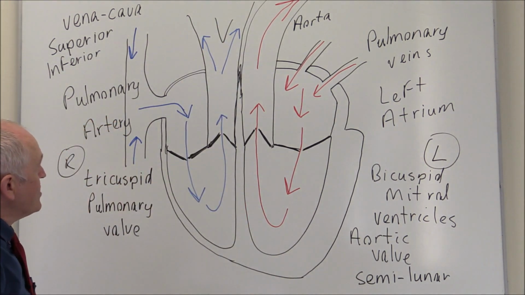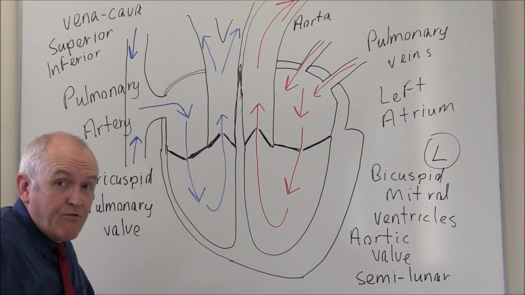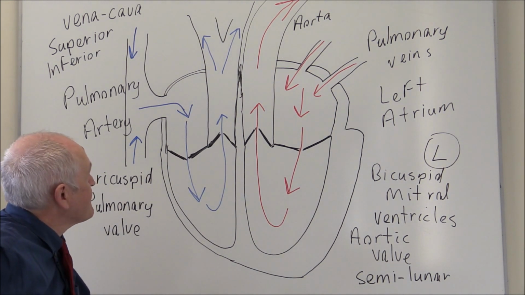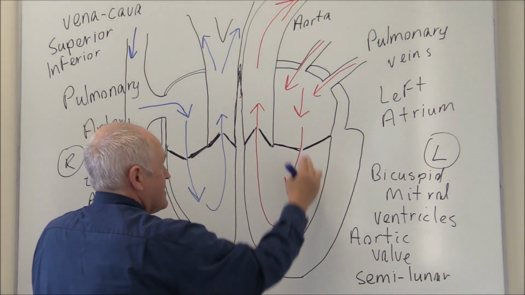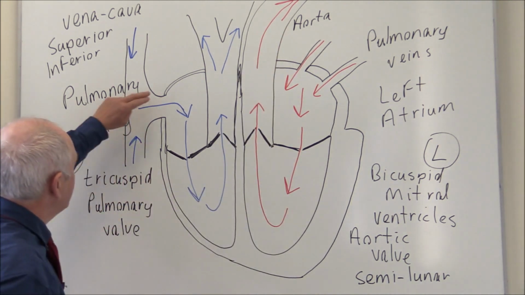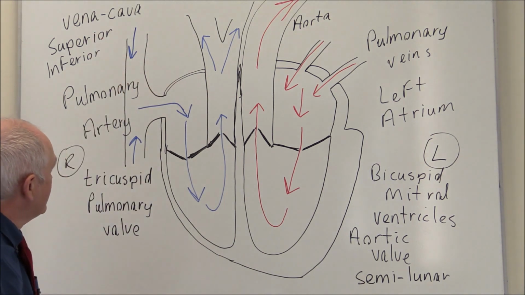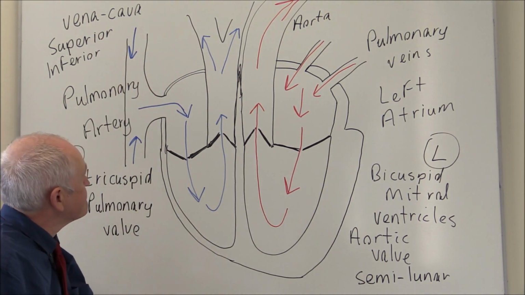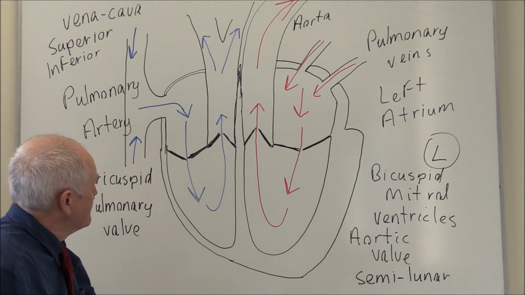So the blood flow through the heart is regulated by the 4 valves, and it's going from the atria to the ventricles to the body, back to the right atria, right ventricle, pulmonary artery, and off to the lungs. And we'll look at how this happens in more detail shortly.